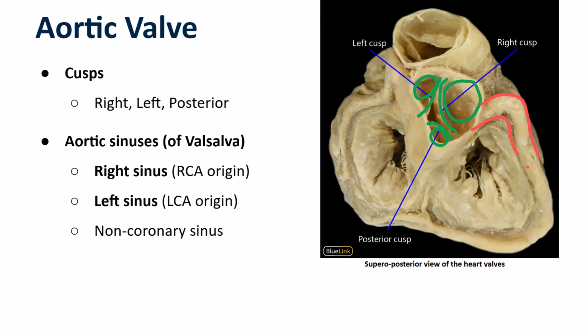So this is the right coronary artery, and over here we have the left coronary artery. So coronary arteries arise from the aortic sinuses, the right coronary artery from the right sinus, the left coronary artery from the left sinus, and the space above the posterior cusp is called the non-coronary sinus because no coronary arteries arise from it.